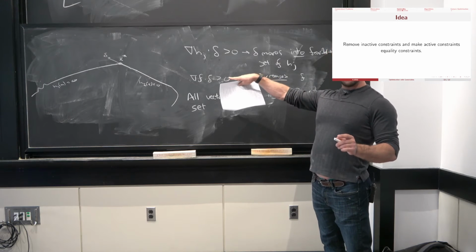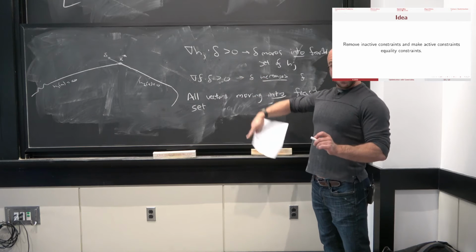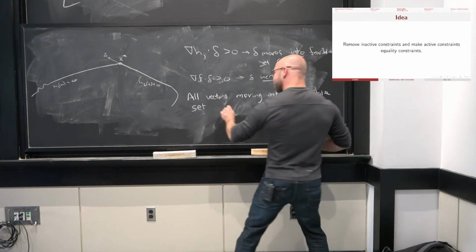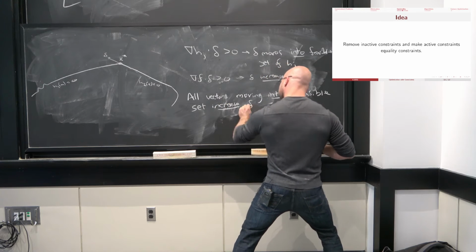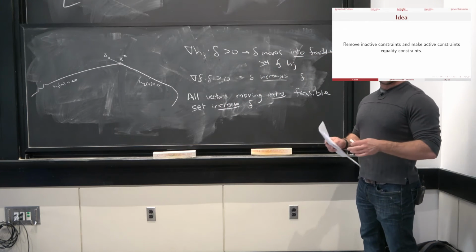Because I'm at a critical point, it has to get bigger. Now you can see how it's easy to get this argument backward.